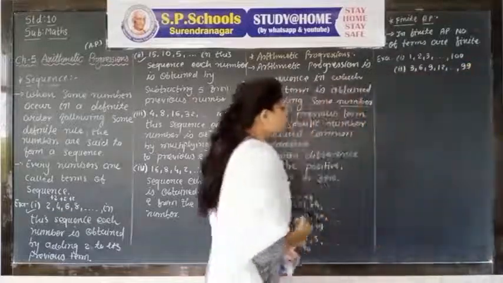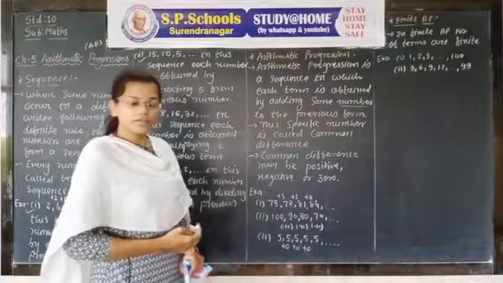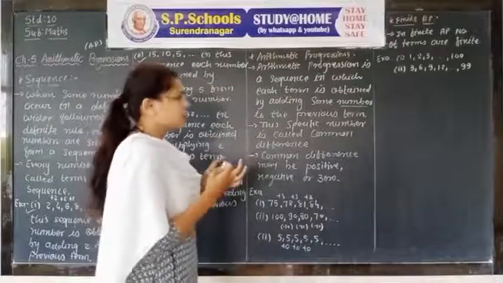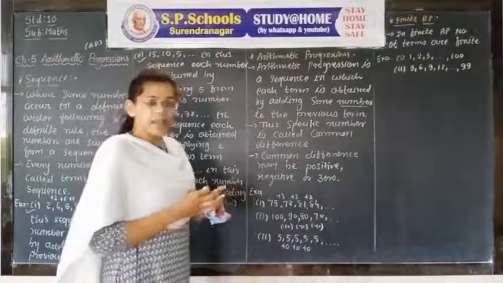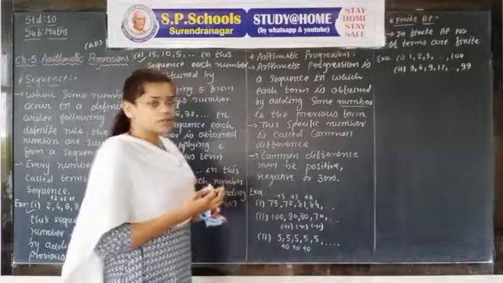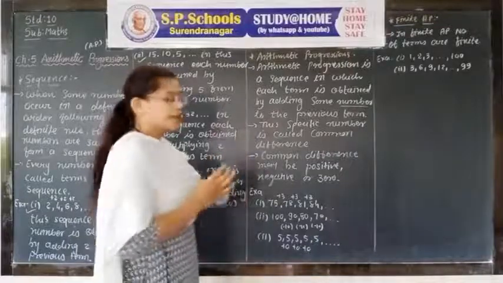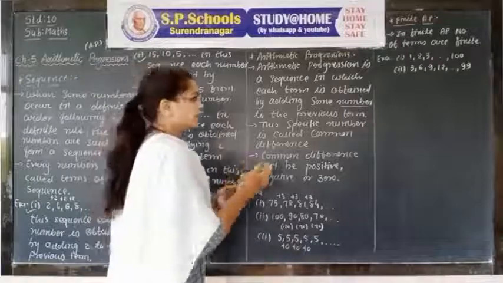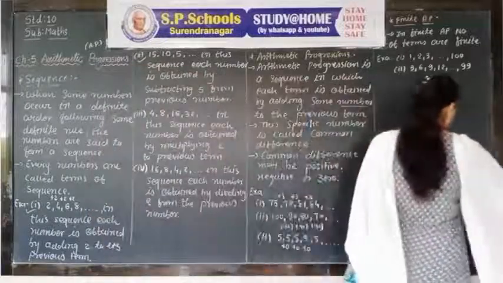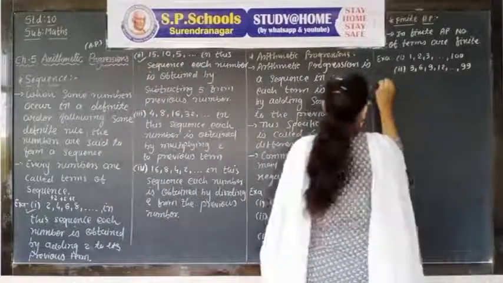It is also a finite AP in which some specific numbers are available and we are able to count them. How many numbers the AP can contain. It is called a finite AP. Now the second, which is infinite AP.